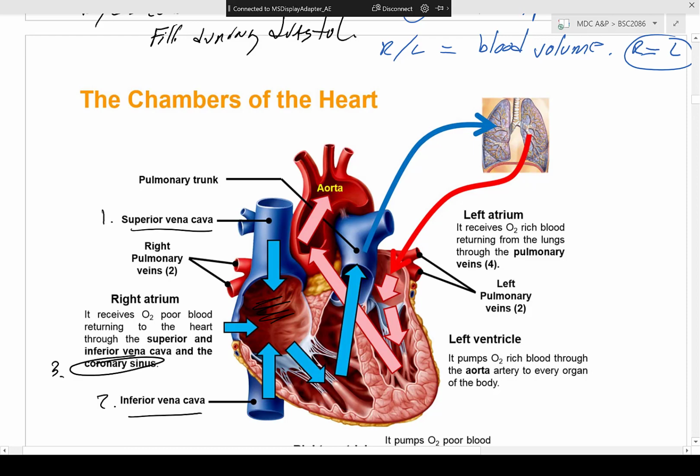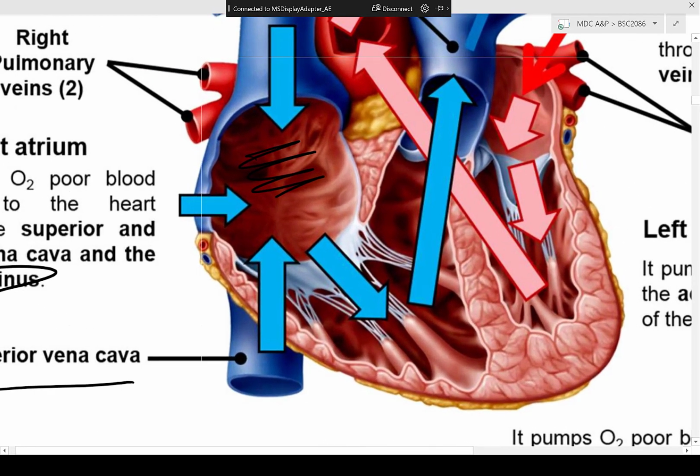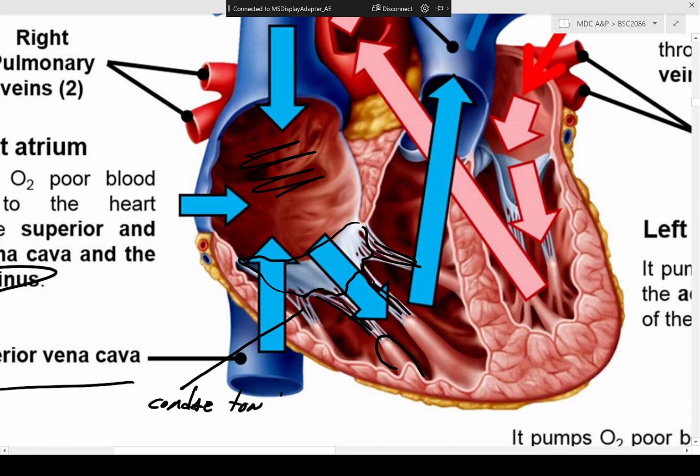Now let's do a couple more things in the anatomy before we move forward, because I'm pretty sure everything else you guys know. What allows this valve to keep or maintain itself closed? These structures. Do you see these little cords? Do you guys see those? So these are known as chordae tendineae.